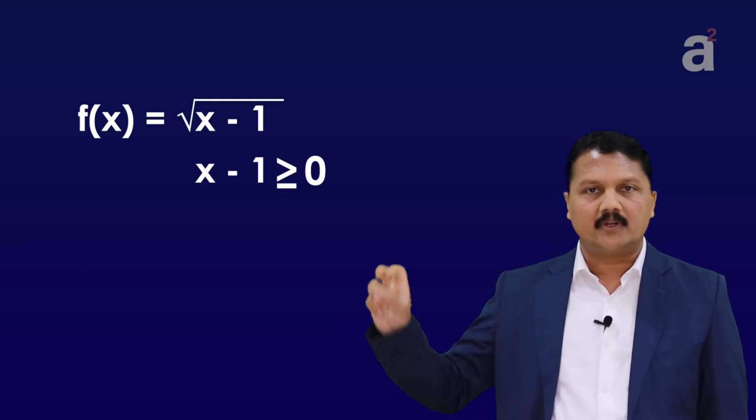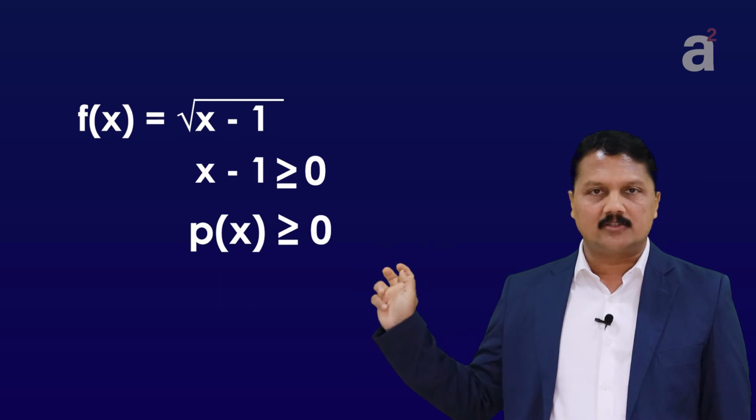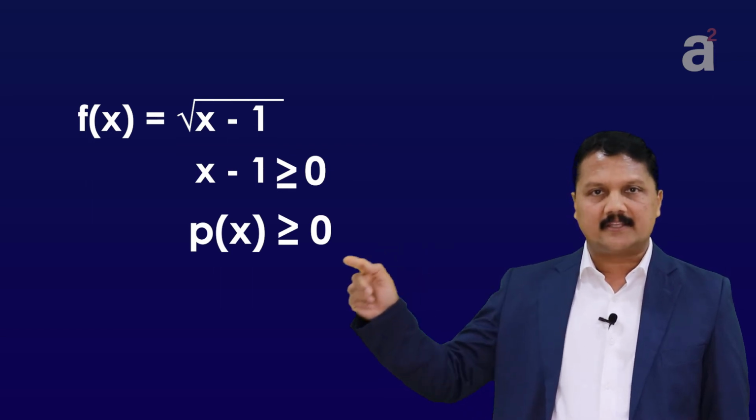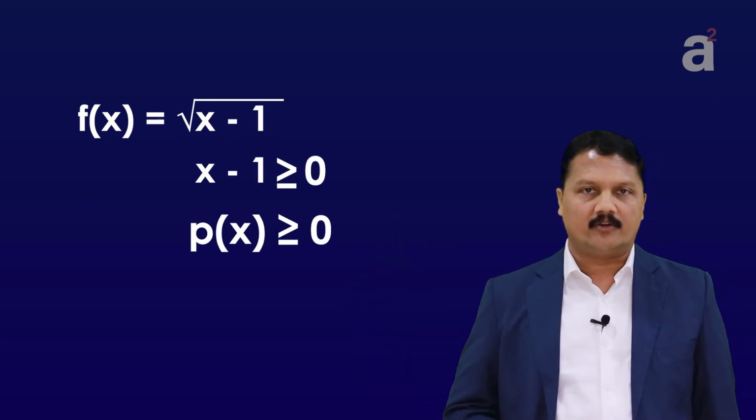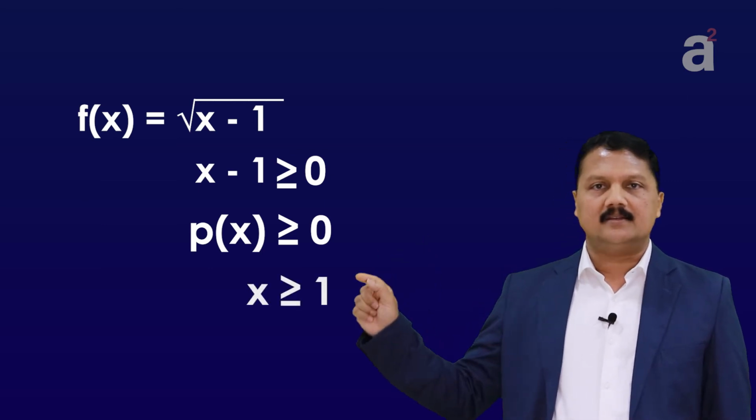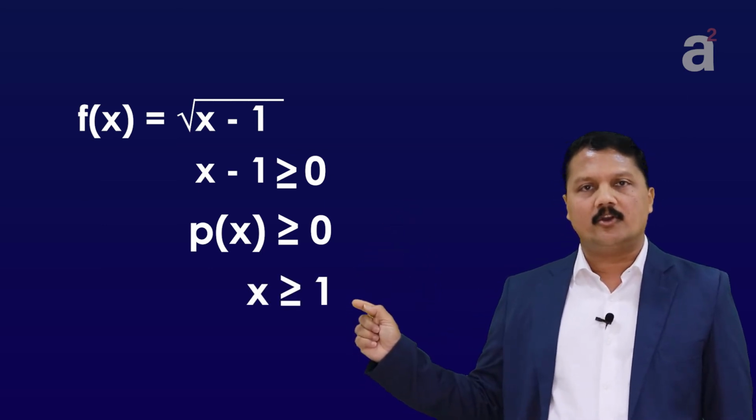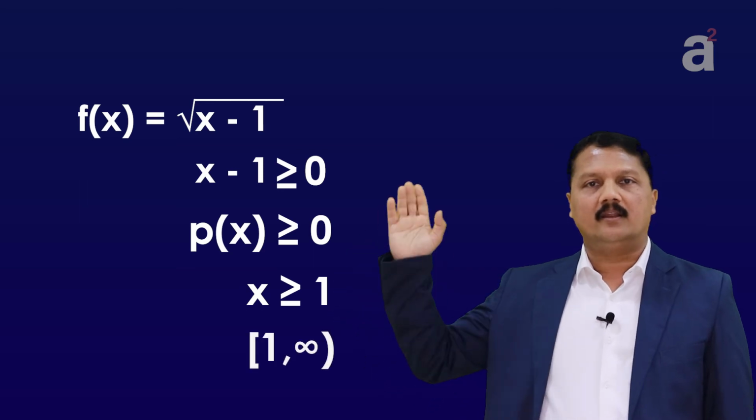So here we have to put p of x is greater than or equal to 0 in general, or x minus 1 is greater than or equal to 0. That means x is greater than or equal to 1. So x will be from 1 till infinity.